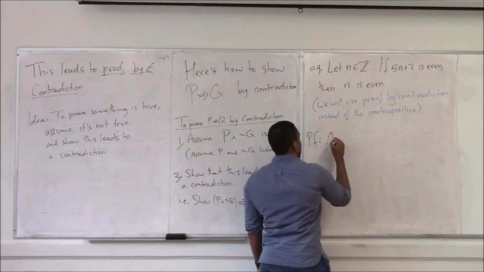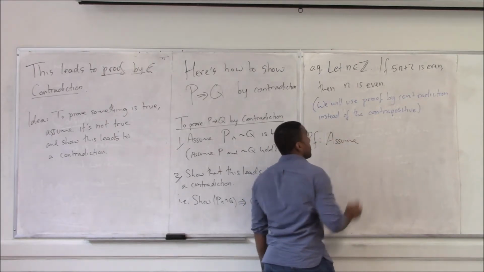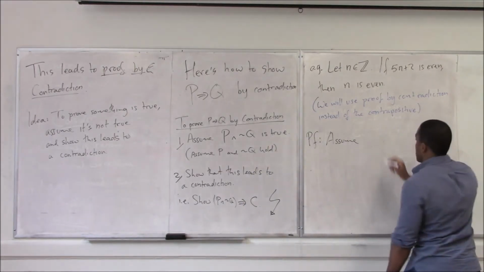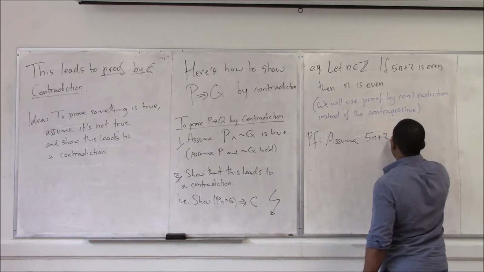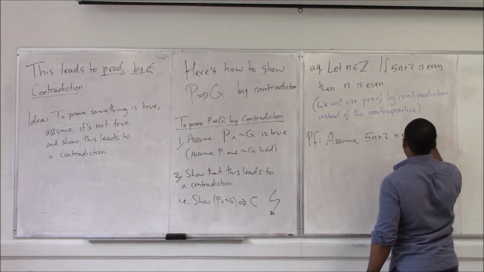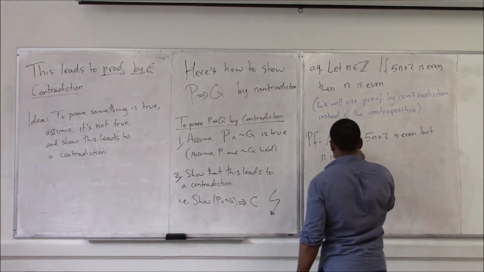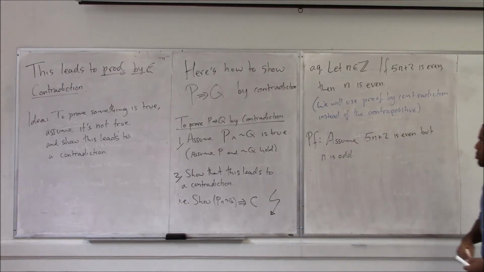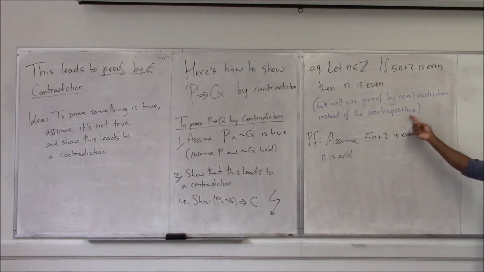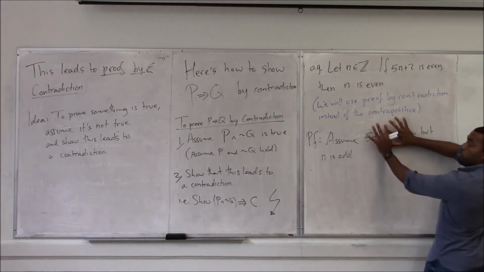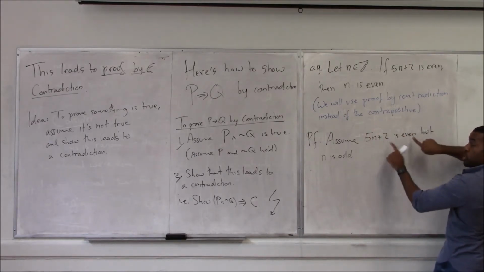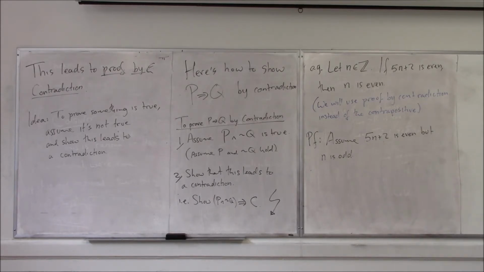Proof. Assume 5n plus 2 is even, but n is odd. Now in a proof by contrapositive, the one we've done before, what would the assumption be? Assume n is odd. This part wouldn't be in it. But once you put that part in there, I now know you're doing a proof by contradiction.